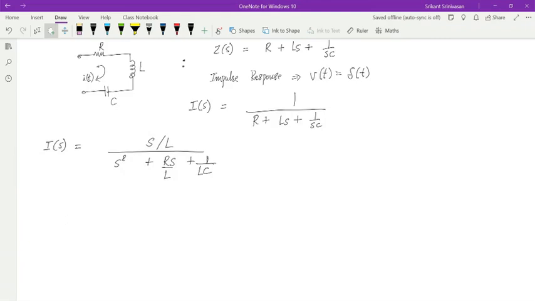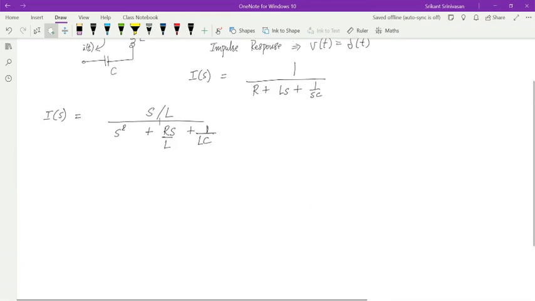So normally I will follow the method of residues if I want to solve the whole circuit, and there I would say that this is equal to, if I were to rewrite this equation, S by L divided by, now I want to write it in terms of the roots, right? So this is ax square plus bx plus c in the denominator, and I want to find out what are the roots.